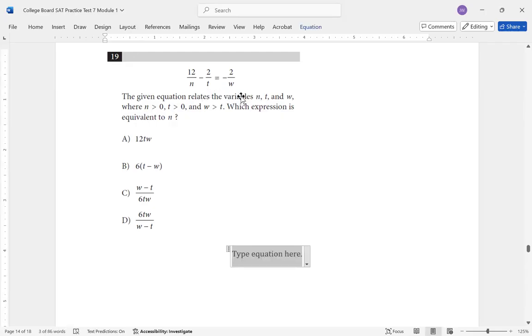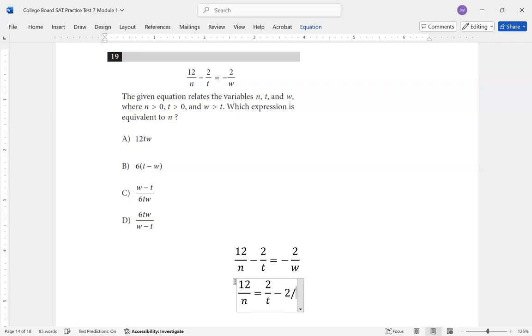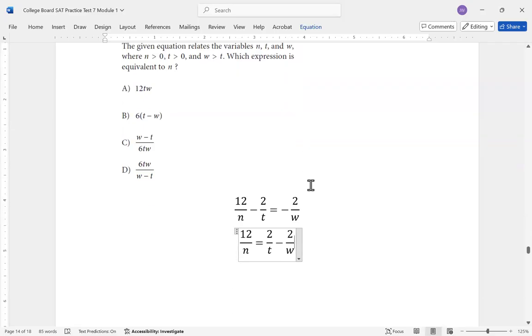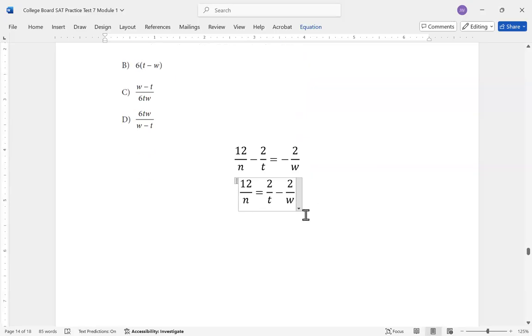So I'm going to take 12 over n minus 2 over t is equal to negative 2 over w, and solve that equation for n. The first thing I do is add 2 over t to both sides. When I do that, I get 2 over t minus 2 over w on the right-hand side, and the left-hand side is 12 over n.